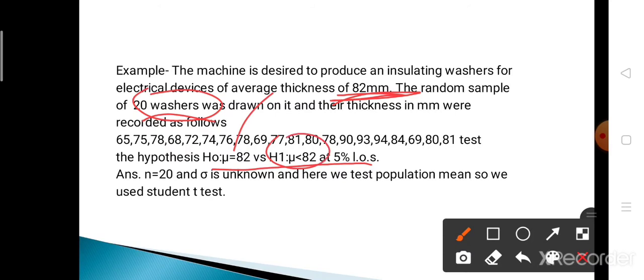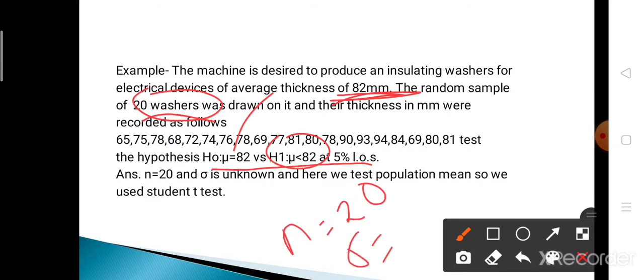Here mu naught value is 82. Mu naught is any specified value. So here we are given mu naught as 82. And here n is equal to 20. We have drawn 20 washers. Okay, and here sigma, that is the population standard deviation, is unknown.